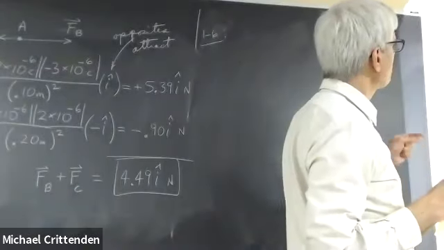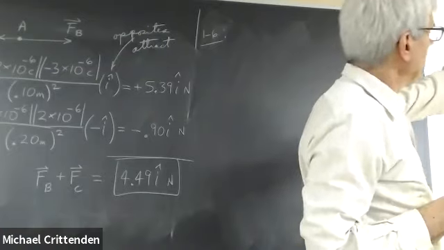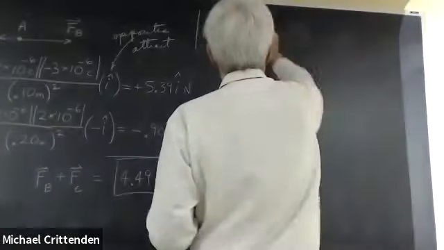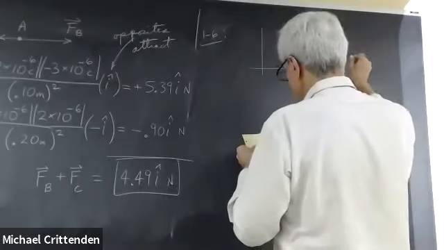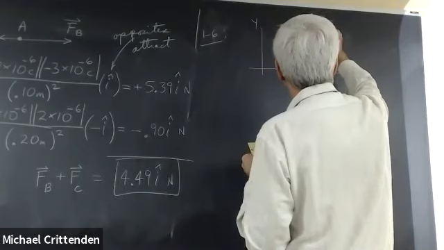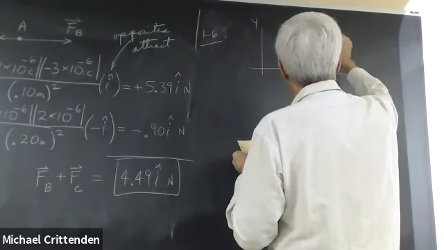Find the total force on the 3 kilograms, which is the one up at the top there. So it's the x-axis, that's the y-axis. That 3 kilograms is located up here somewhere.